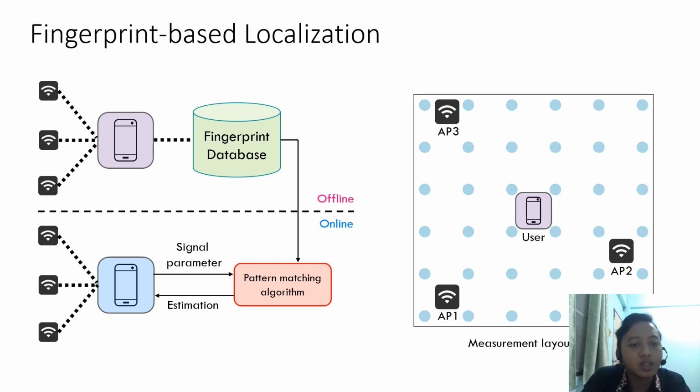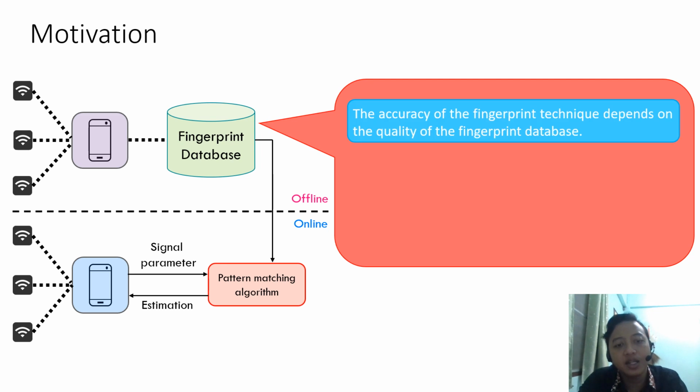Then we store all the collected data in the database. In the online phase, we infer the target location by matching the actual RSSI value from the target with the fingerprint database. The accuracy of the fingerprint technique depends on the quality of the database. A denser fingerprint database will increase the accuracy.